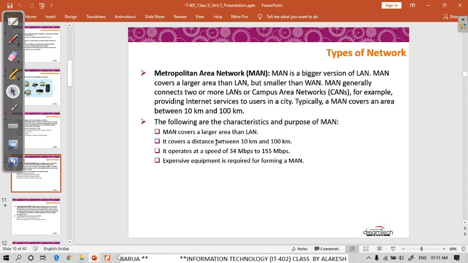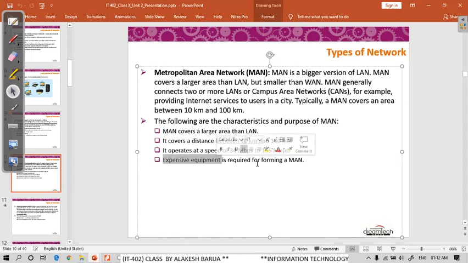All these things we have to deploy to keep the signal within limits. It cannot decrease below that limit. If it does, then the computer inside the metropolitan area network will not get the correct data. Since other equipment is required, we have to buy it, and that increases the cost. That's why expensive equipment is required for forming a MAN.